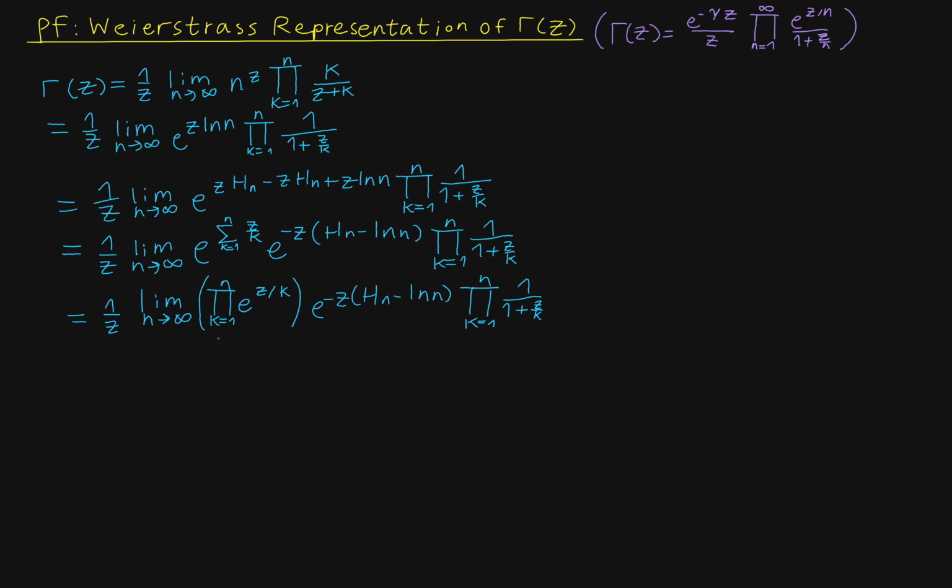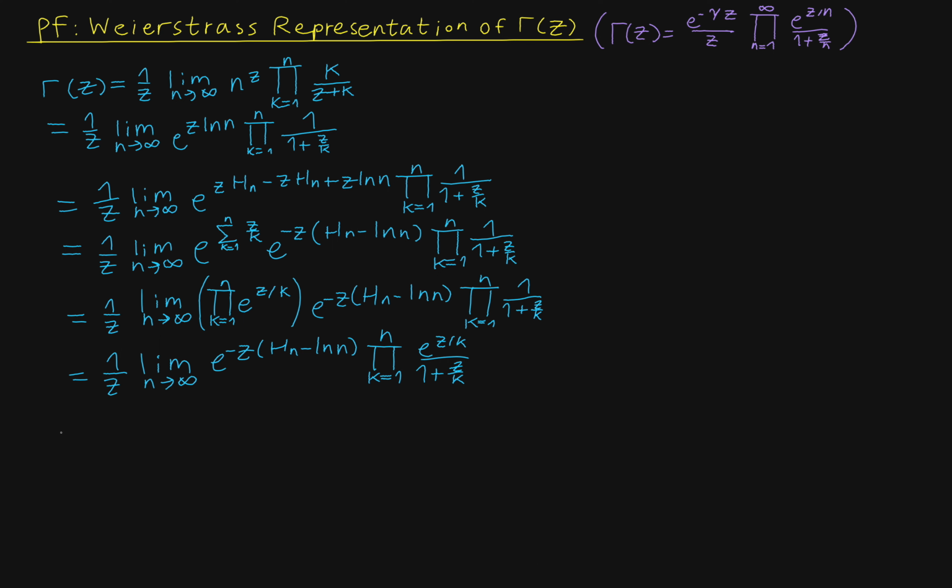And now, since these two have the same bounds, we can just bring them together. So we're going to have 1 over z times the limit n approaches infinity of e to the minus z, H of n minus ln of n, times the product, k is equal from 1 to n of e to the z over k over 1 plus z over k.